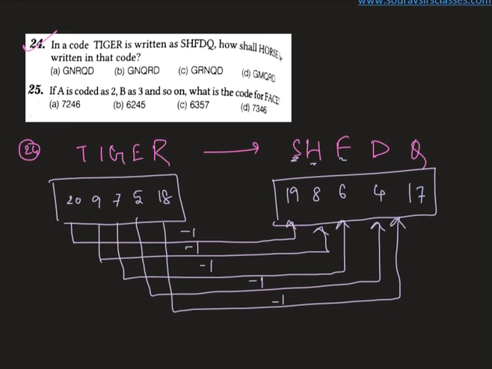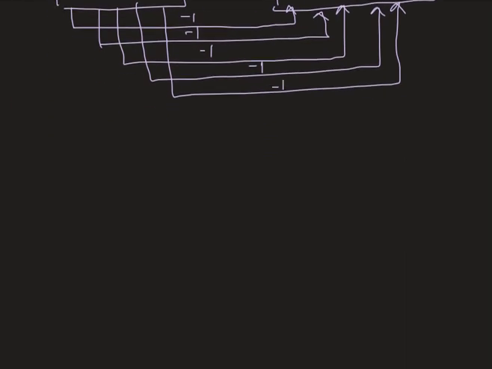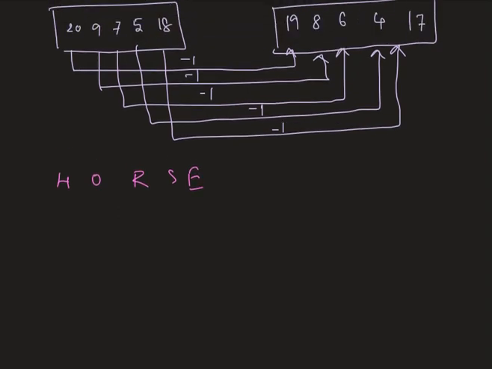Now based on this particular pattern we can find the code of horse. So first of all we write the horse and replace the letters with their positional numbers. Now the positional number of H is 8, for O it is 15, for R it is 18, for S it is 19, and for E it is 5.